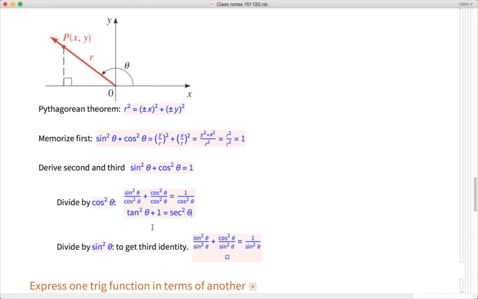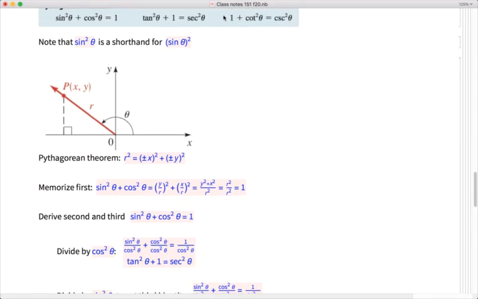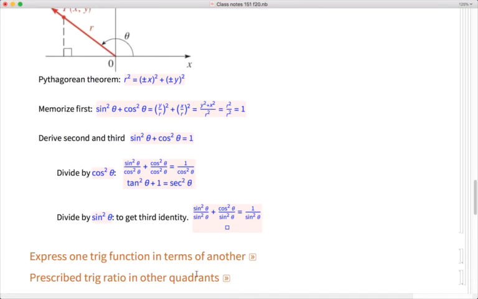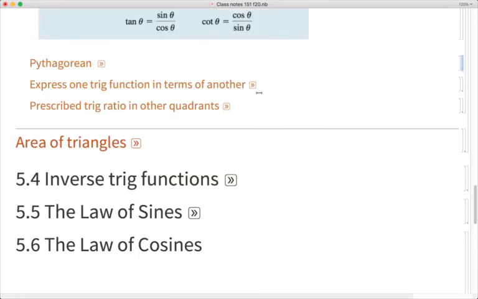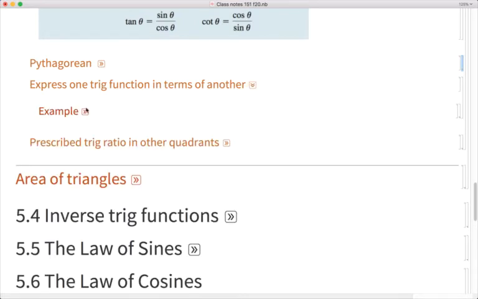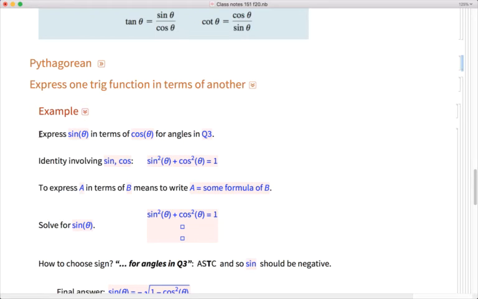And then 1 over cosine, you just need to remember that that's secant. And I won't do it, but I'll tell you that the third Pythagorean identity comes from dividing through by sine squared.